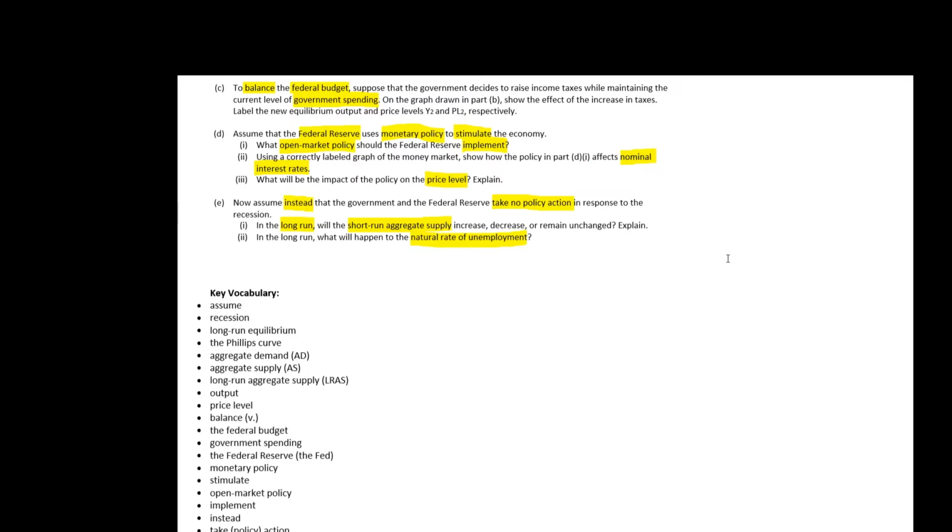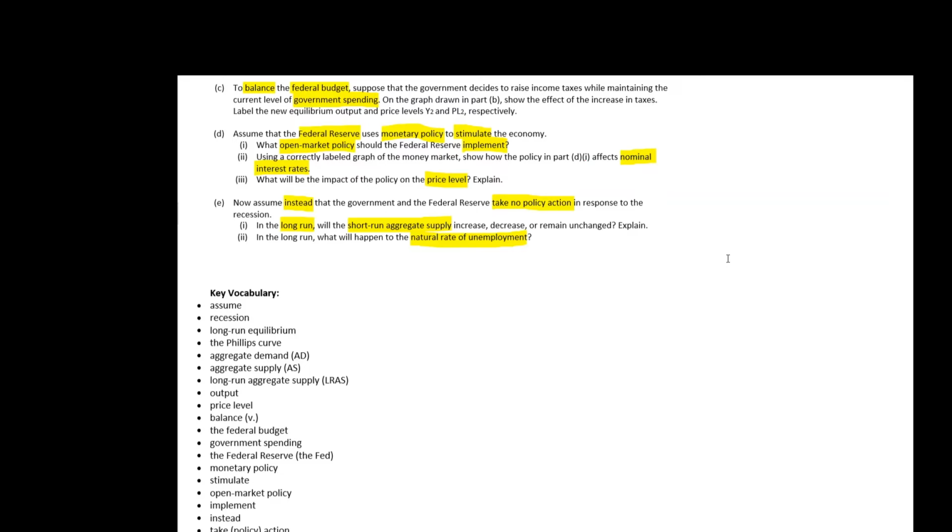Price level, that's going to be on your y-axis, and that shows the price level, and we're going to show how the price level changes when those short-run curves shift one way or the other.